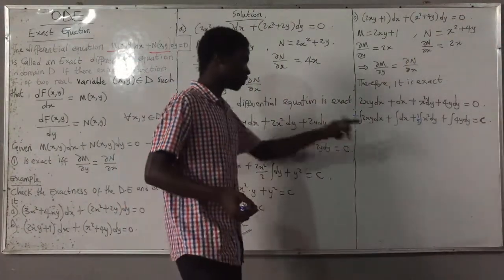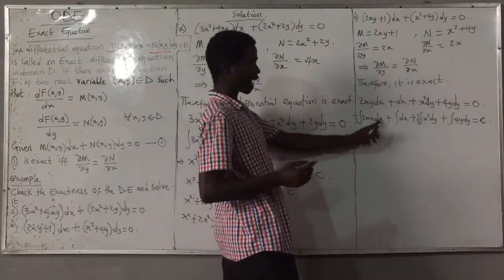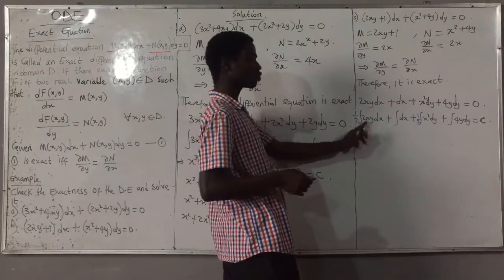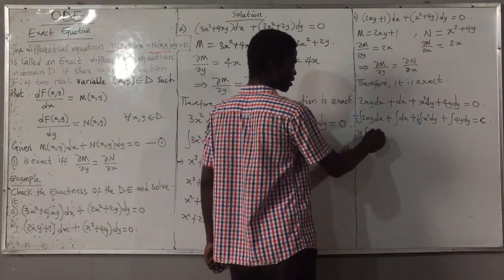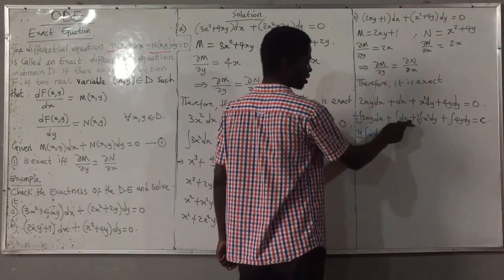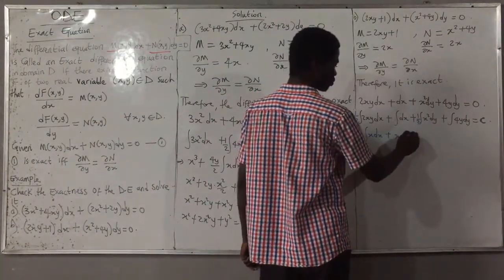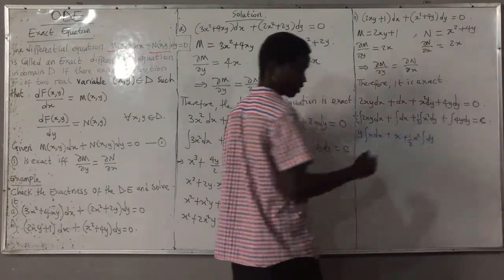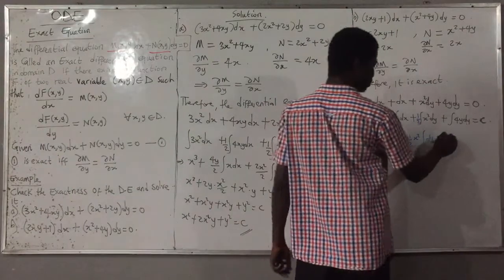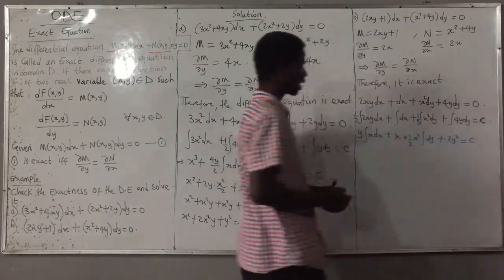So integrate it. I told you before, 2y will come out here, because I'm integrating with respect to x, so that means 2y is a constant. 2y will come out, you'll be left with y times the integral of x dx, plus integrate dx, the answer is just x. Plus 1/2 x² times the integral of dy. Do you understand? Plus this one is 2y² equal to C. That is what you have.